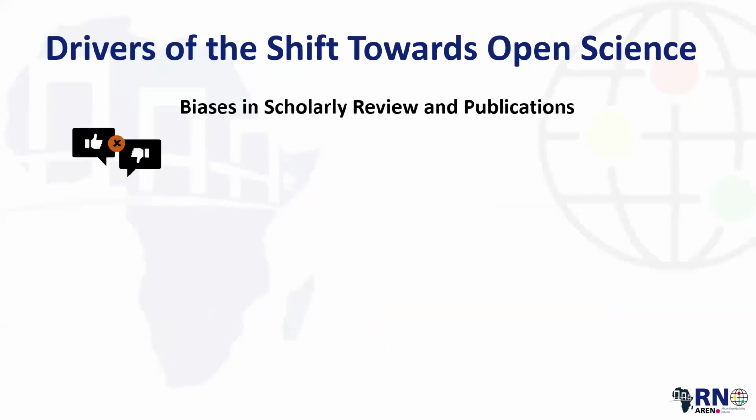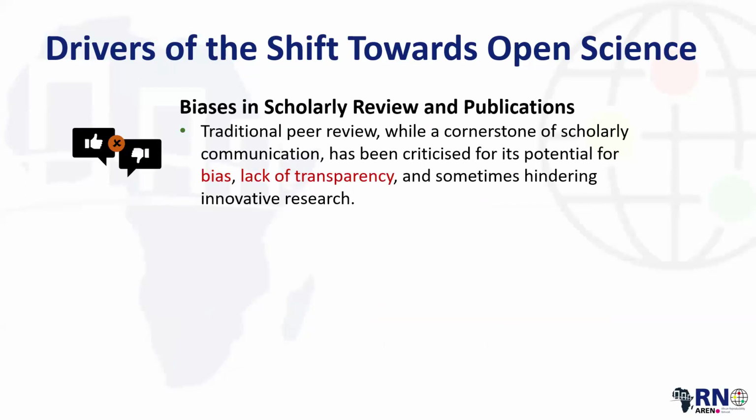Then we have the bias in scholarly review and publication. And this was evident by the great increase in biases and lack of transparency when it comes to peer review. So you find that if a paper has a certain name on it, then it's automatically published.